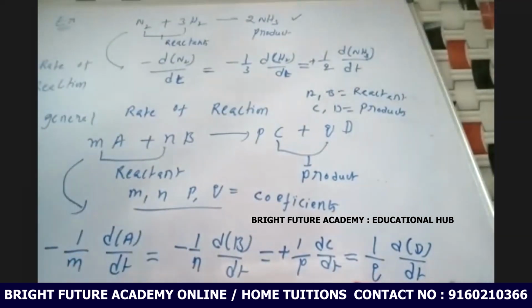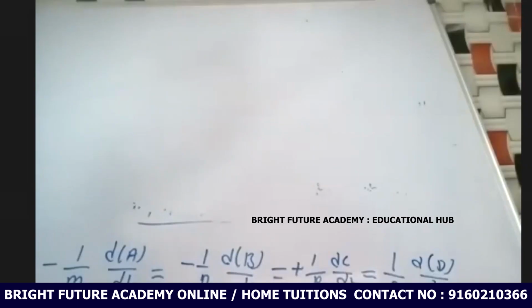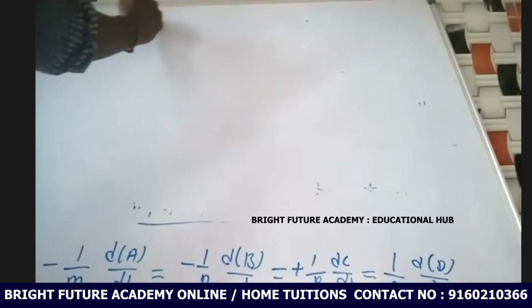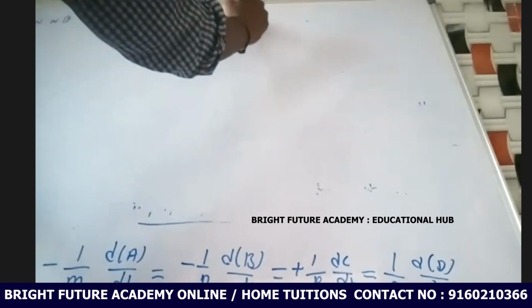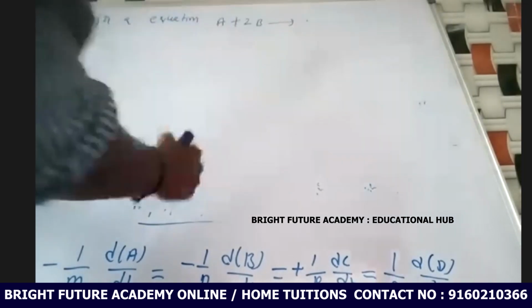Up to here clear, no doubts? Okay, good. So here one reaction is there, based on this rate of reaction. Question number 1: for the equation A plus 2B gives C, based on the rate of reaction.